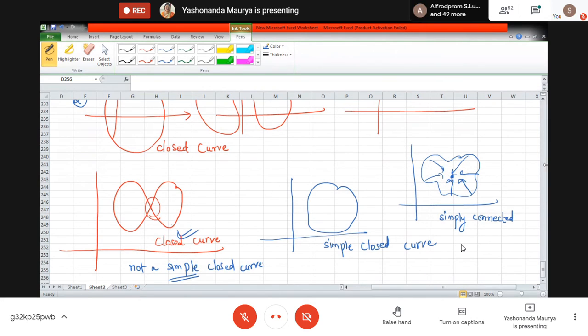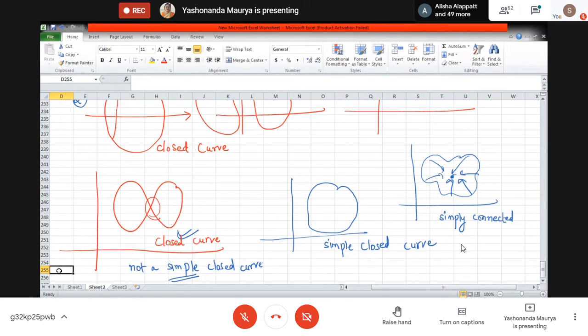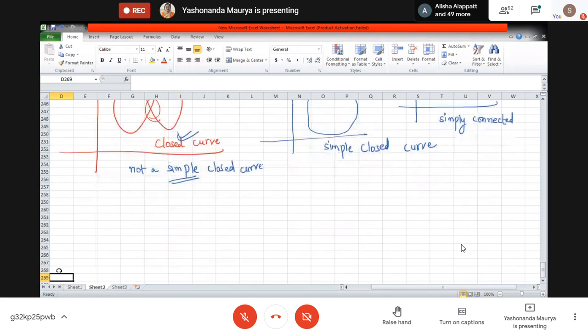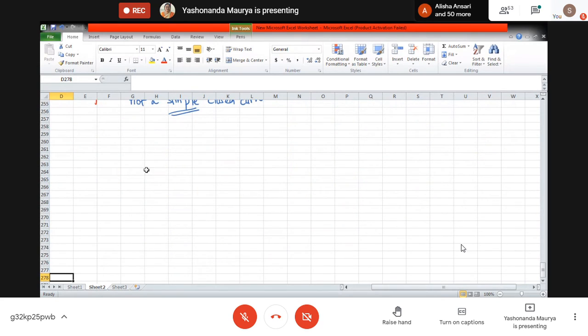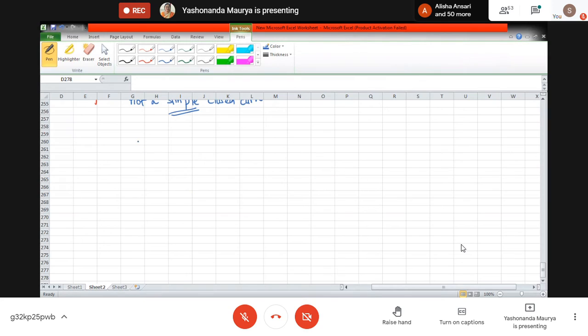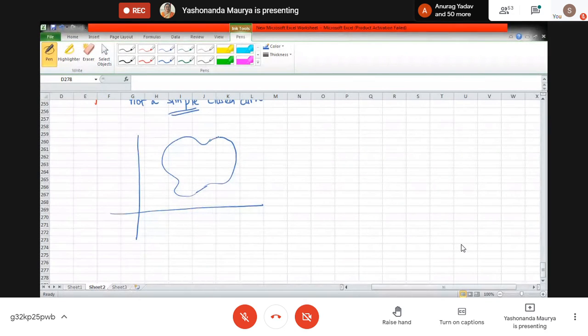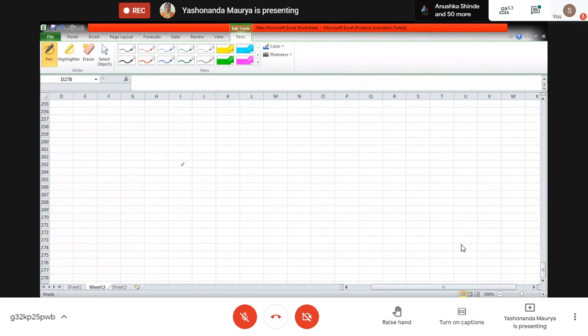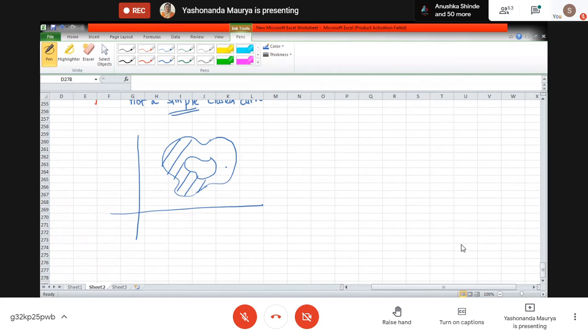Okay. Now, what do we mean by not simply connected? See, if I have this curve, this region, somewhat like this, and here this is also a case. Suppose this is my region. Now, what about this particular region? Can I shrink it to a single point?